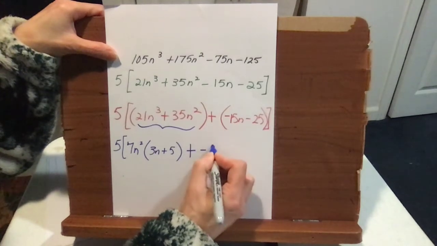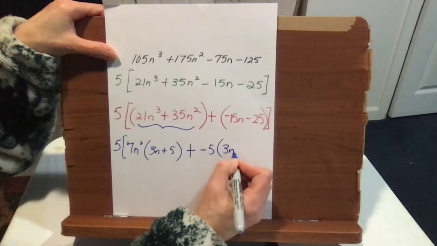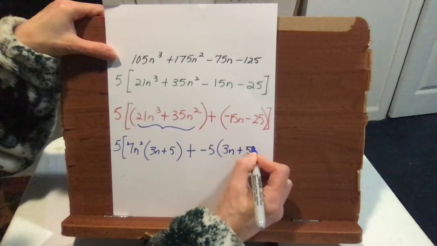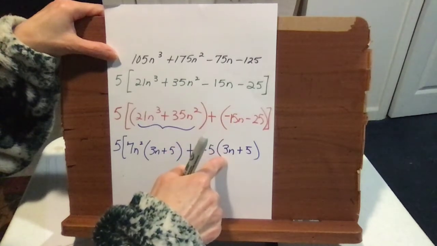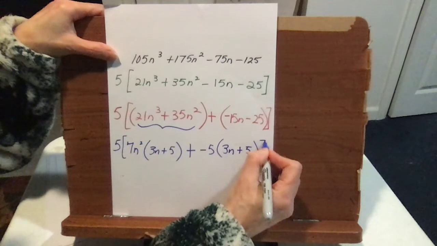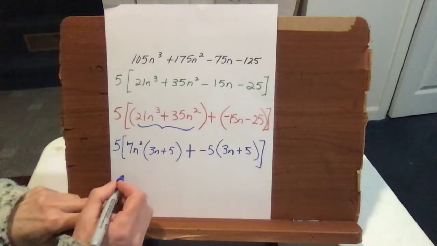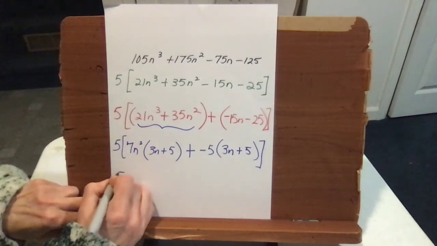We're going to take out a negative 5, and we'll be left with 3n plus 5. So watch your signs here, because negative 5 divided into negative 15 is positive 3n, and negative 5 divided into negative 25 is positive 5. Okay, so now we start factoring and putting them together, and we wind up with our GCF of 5.